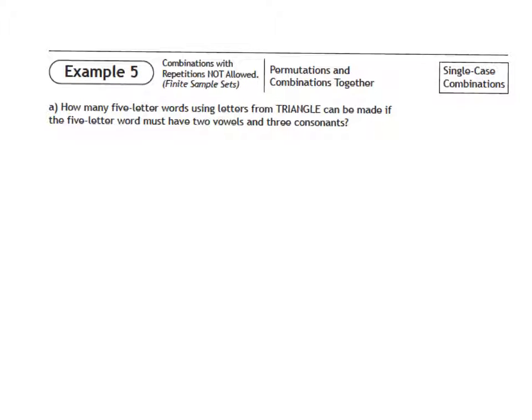So if we look at choosing the letters first, how many vowels are there to choose from? 3. So we're going to do 3 choose 2, because we want 2 vowels. And then choose the consonants. 5 choose 3. That's just deciding which 5 letters to use.